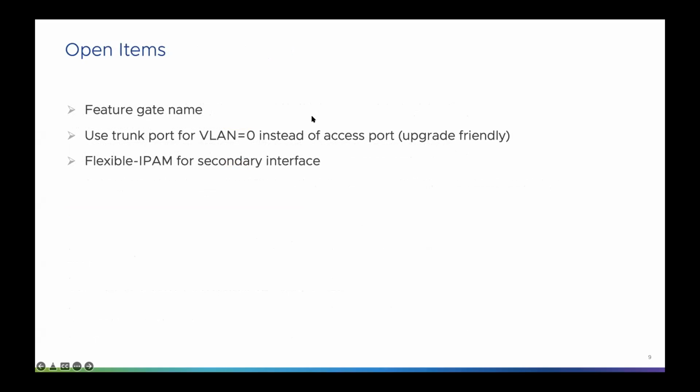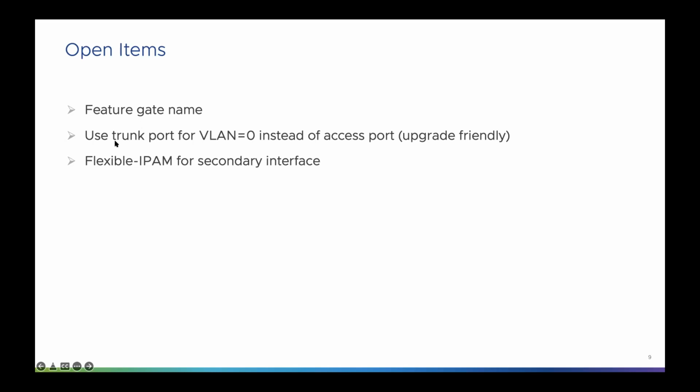And also we still have some open items for this change. First is the feature gate name. We already have the Antrea IPAM feature gate, but if we want to add another config to switch the multiple VLAN support on or off, we need to decide on a new configuration.